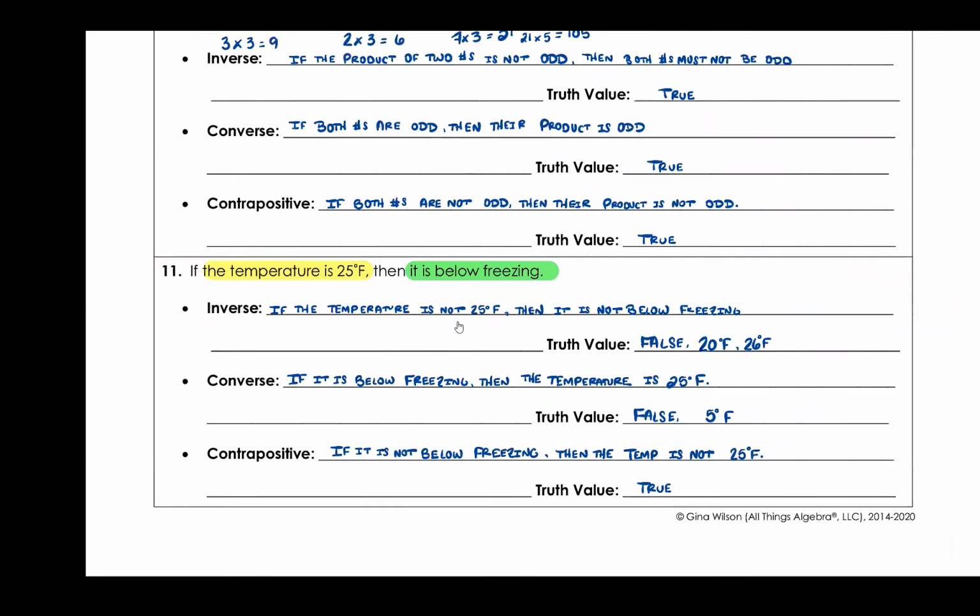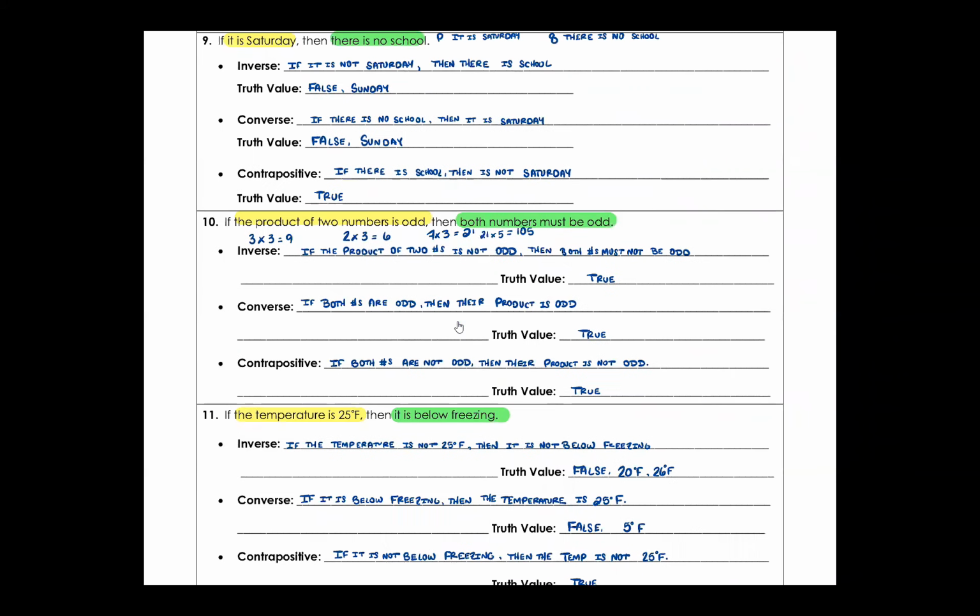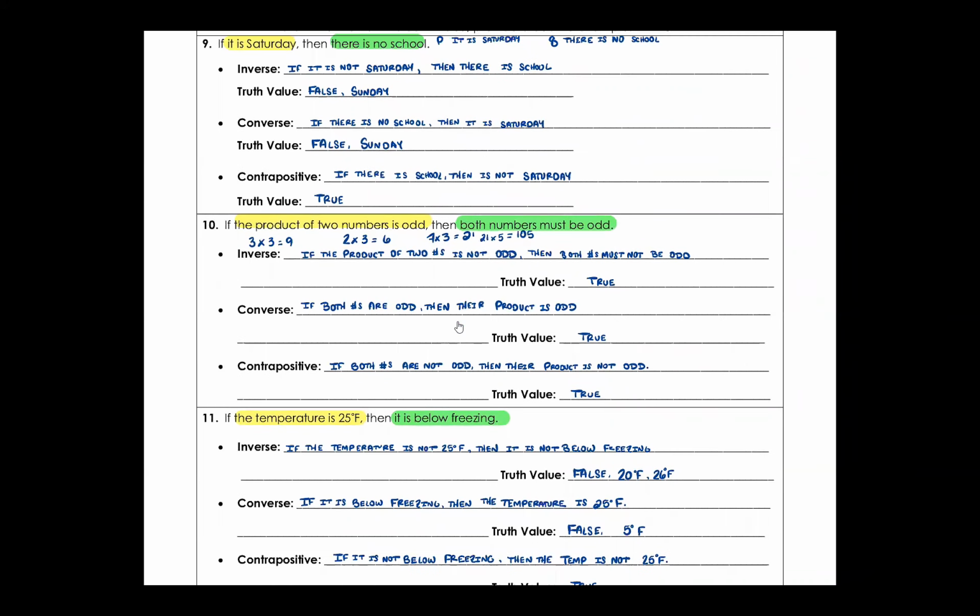I want you guys to take a peek at the first one we did and the last one we just did. What are some consistencies y'all recognize between conditional statements, contrapositives, inverses, and converses? So the inverse, the contrapositive will always be the true statement.